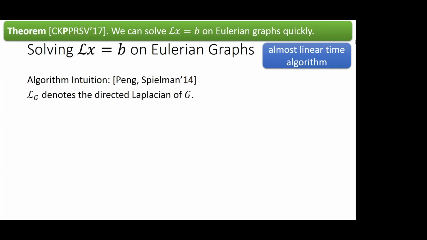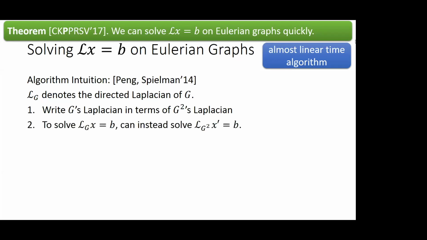Here, L sub G is going to denote the directed Laplacian of the graph G. And here's basically the idea. We're going to write the Laplacian of G in terms of the Laplacian of G squared. This is similar to what we did last time in the Peng-Spielman algorithm. What this means is that to solve L_G x equals b, you can instead solve L_{G^2} x prime equals b, and then transform that into a solution to L_G x equals b.